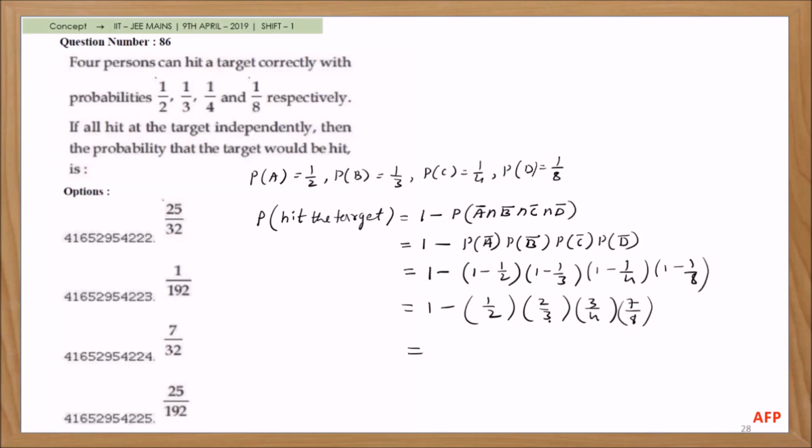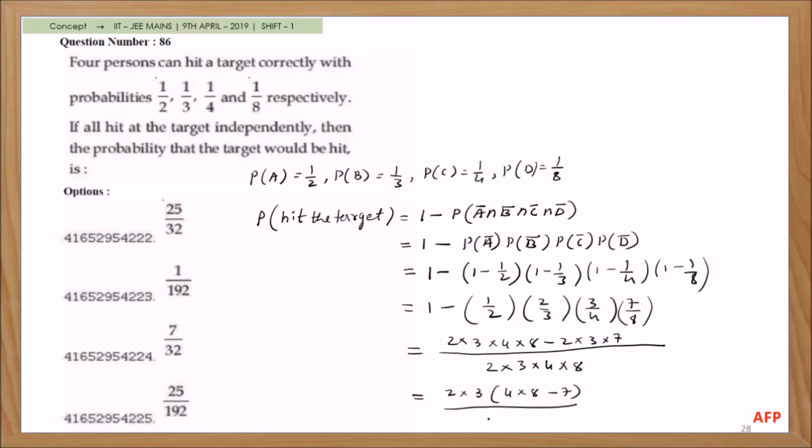So which is nothing but LCM of 2, 3, 4, 8, minus 2, 3, 7. Which is nothing but 2 into 3 into 4 into 8 minus 7 divided by 2 into 3 into 4 into 8.